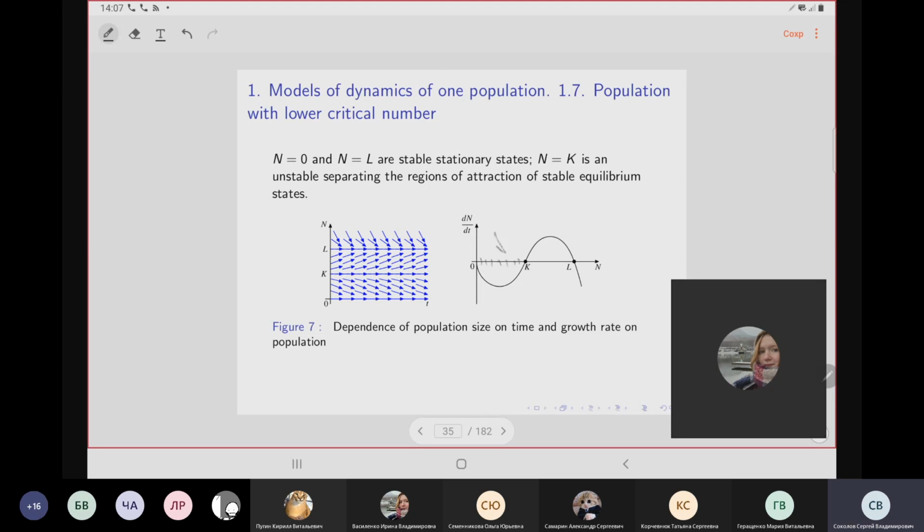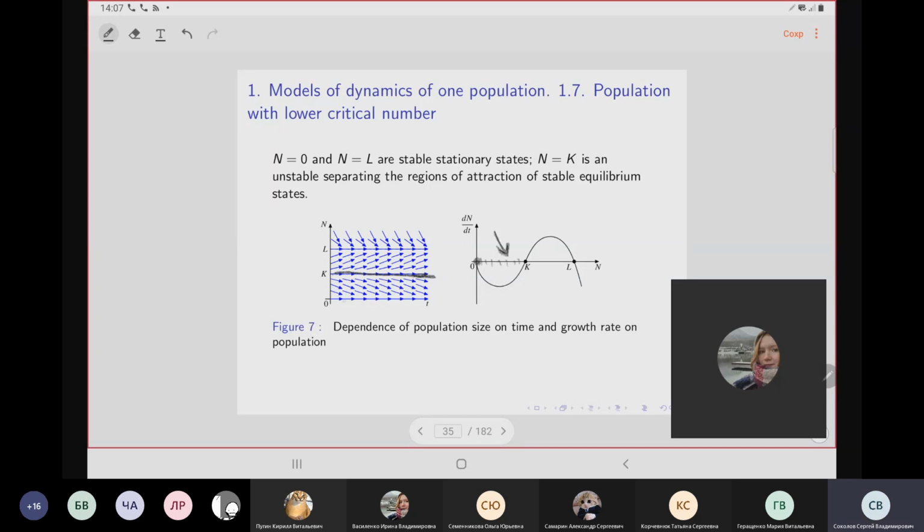So the population decreases, and it means that if the population drops below K, then the population will die. We see it on the solutions plot. The solutions are going to zero. The zero equilibrium is stable.